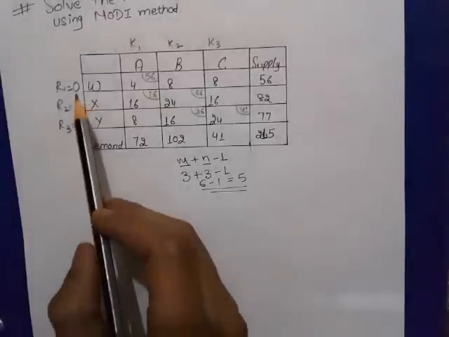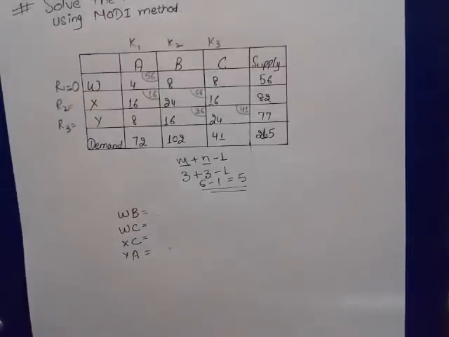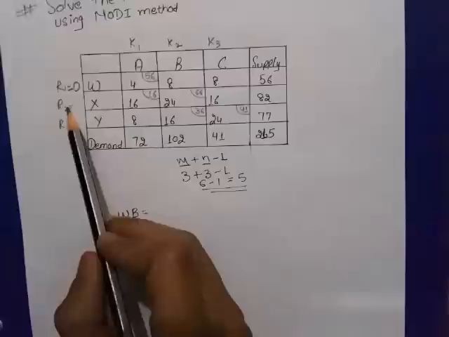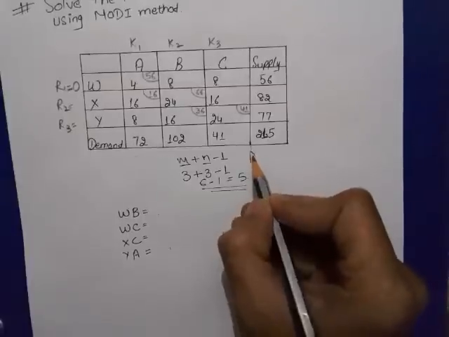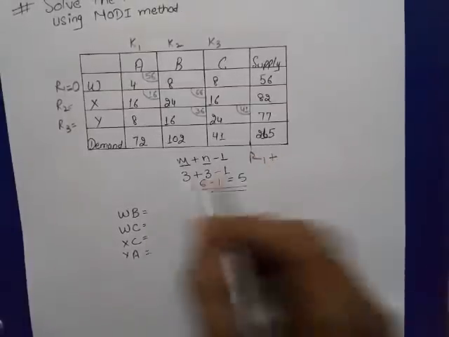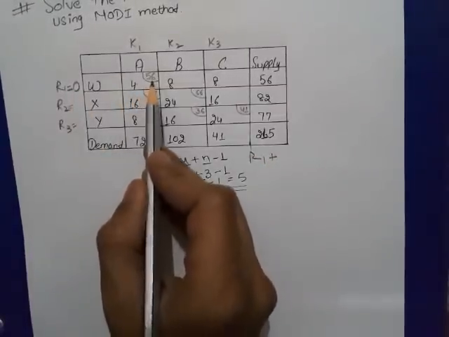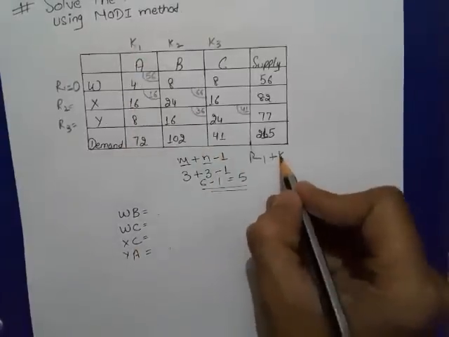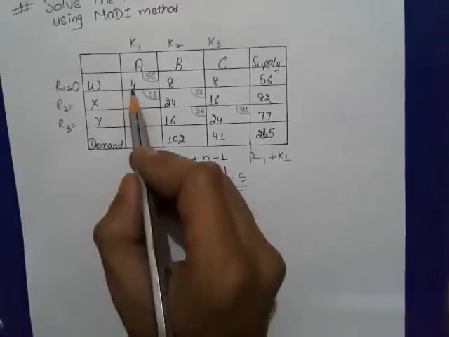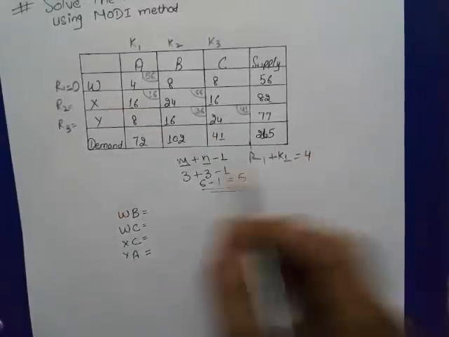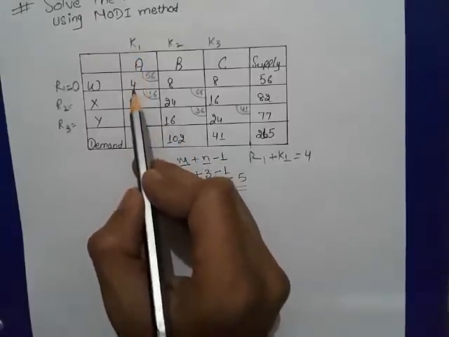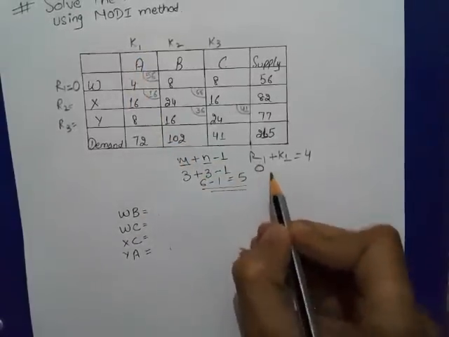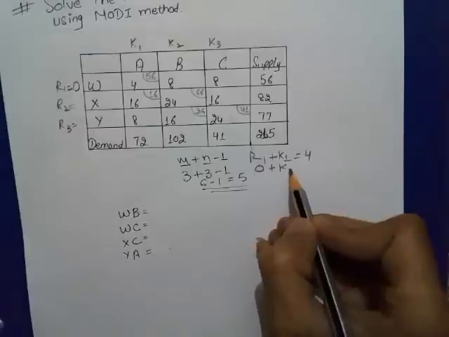Now we have to consider only occupied cells for calculating the values of R1, R2, R3, K1, K2 and K3. How to calculate? R1 plus K1, only for occupied cells, is equal to 4. R1 plus K1 is equal to 4. The value of R1 is 0 and the value of K1 is unknown.